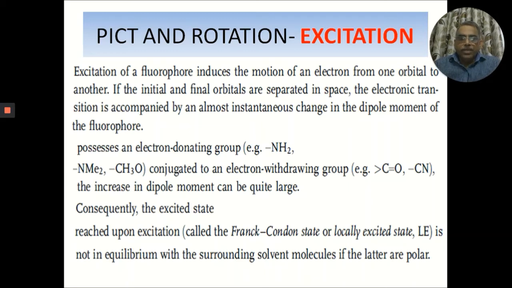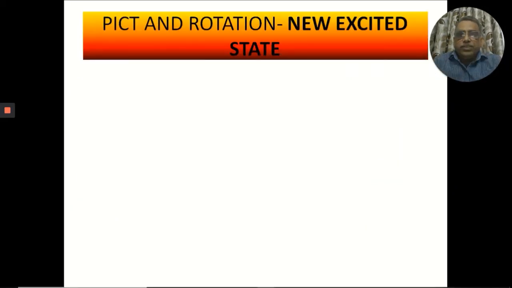When the charge distribution happens, there is an adjustment of the solvent around this molecule, a reorganization or restructuring of the solvent, and that becomes your equilibrated state. So you will normally see two types of electronic excited states, PICT and the associated rotation.